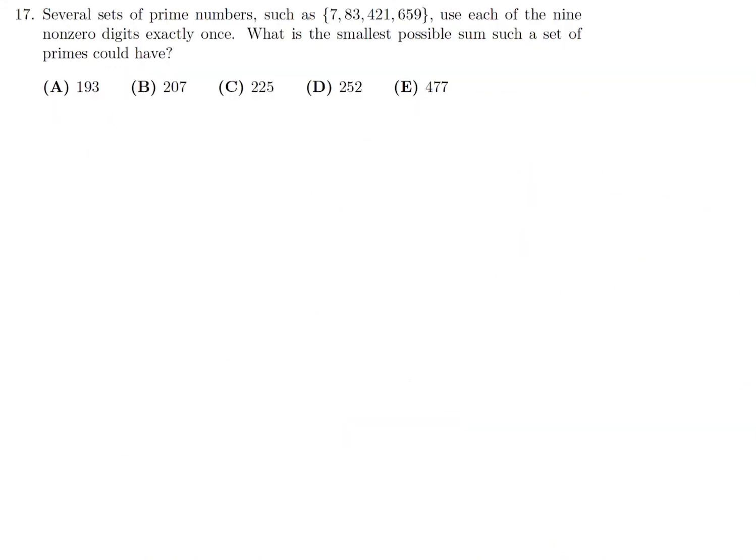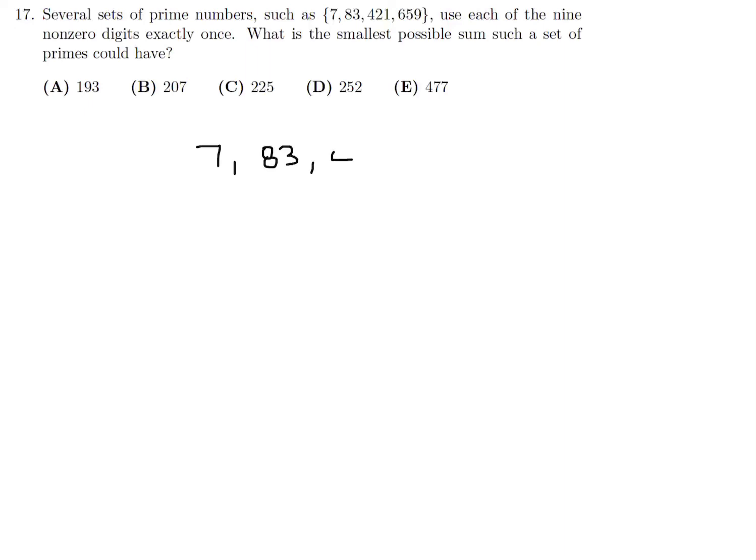Several sets of prime numbers, such as 7, 83, 421, and 659, use each of the 9 non-zero digits exactly once. What is the smallest possible sum such a set of primes could have? So what do they mean by this?